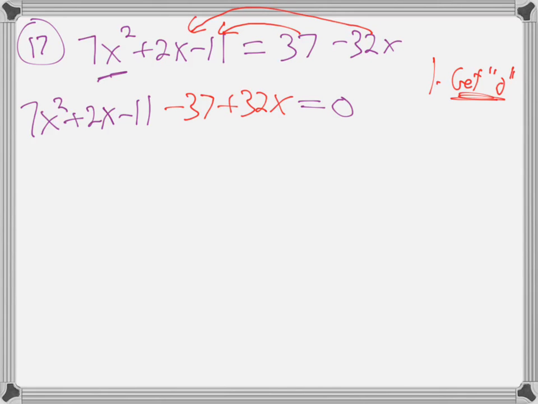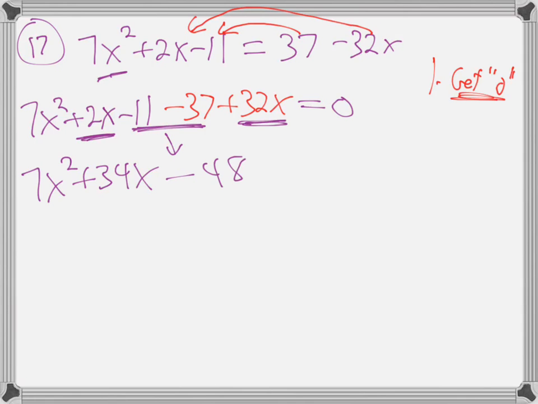And now combine like terms. So like terms need to combine, right? Meaning this and this. The plain x with the plain x and the number with the number. You with me? So 7x squared, 2x and 32x is 34x. And then these two need to combine, minus 48.